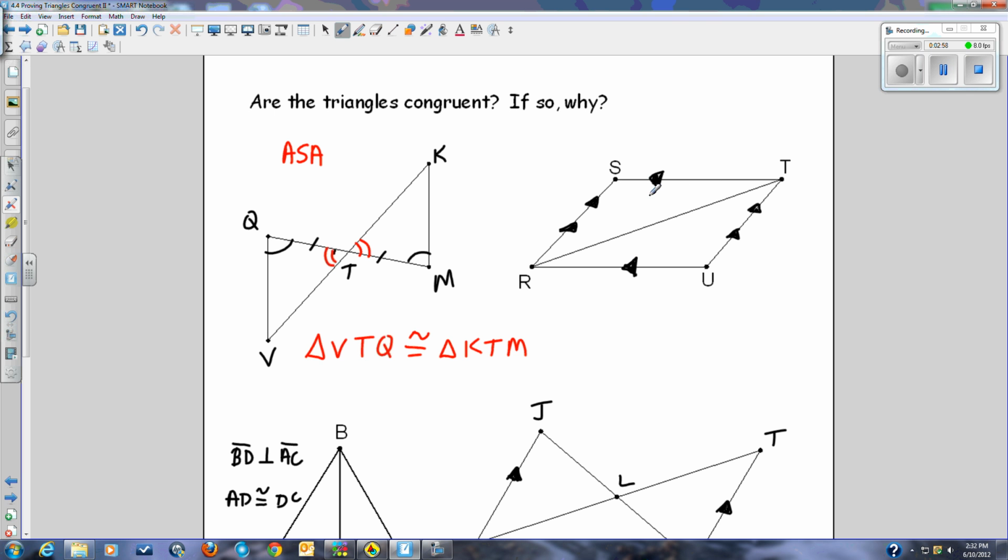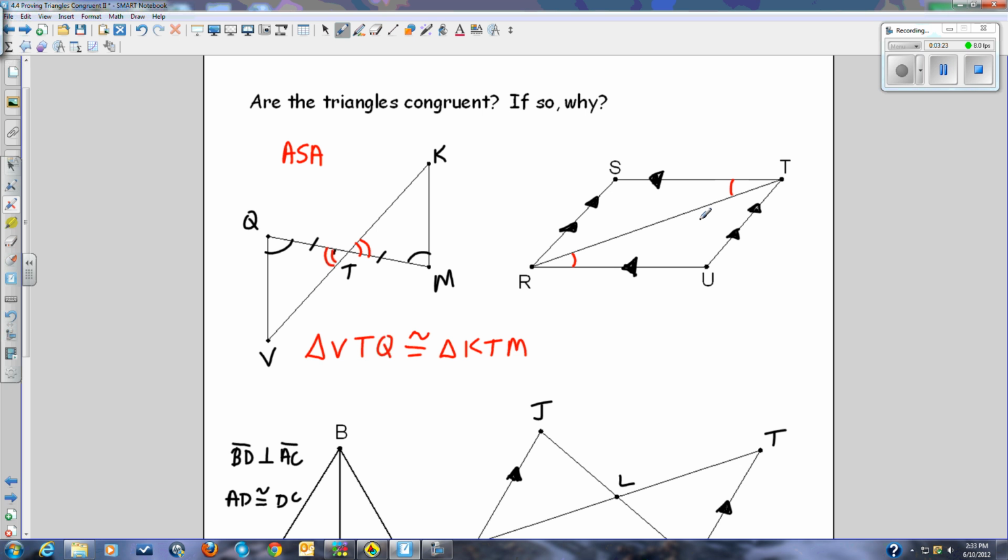We have basically a parallelogram with a diagonal. We've got opposite sides parallel. And let's see what we know about this. Well, if two lines that are parallel are cut by a transversal, we know that alternate interior angles are congruent. So we know angle STR and angle URS are congruent.